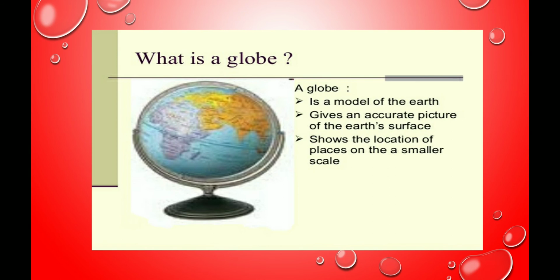We can see only half of the places on the globe, and for looking at the other half we have to rotate the globe. Another disadvantage of a globe is that we cannot carry it everywhere because it is very huge in size.